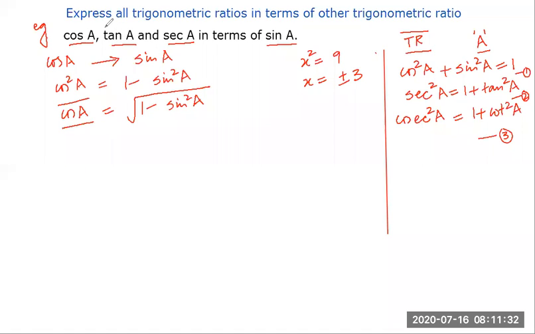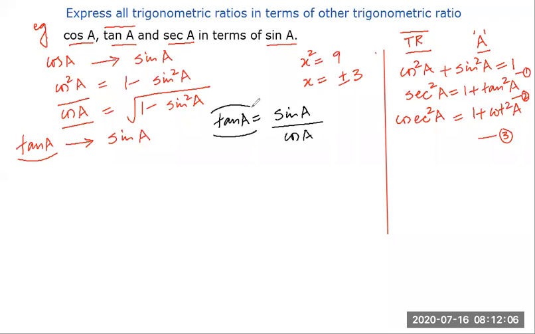Let me try to express now tan A in terms of sin A. Now there is no identity having sin A and tan A. But I know that tan A is equal to sin A by cos A. Tangent of any angle is a ratio of two trigonometric ratios, that is sin A and cos A. I want to convert tan A in terms of sin A, so I will convert cos A into sin A, which I have already done.